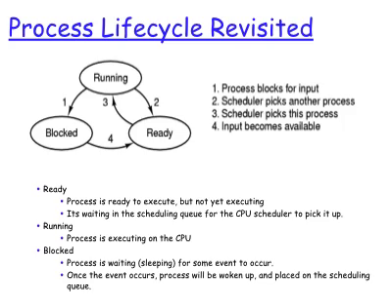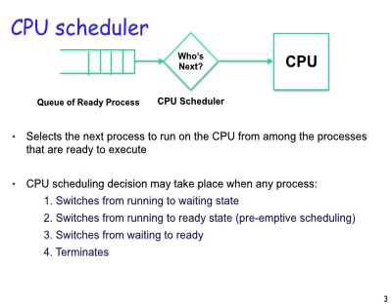So with this process life cycle in mind, now let's take a look at the operation of a CPU scheduler. We have also seen the CPU scheduler earlier when we discussed processes. Again, we have a queue of ready processes which are in the ready state, which means that they are about to execute new instructions, but they don't yet have control of the CPU.